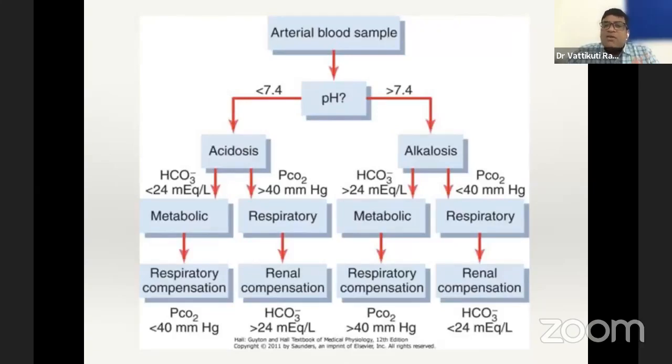So this is how we have to interpret the ABG. This is simplified. There are, again, partially compensated, fully compensated, and mixed disorders, which we are not going to discuss. If you are able to judge whether the patient is acidotic or alkalotic and what is the primary disorder, that is more than enough for your understanding.